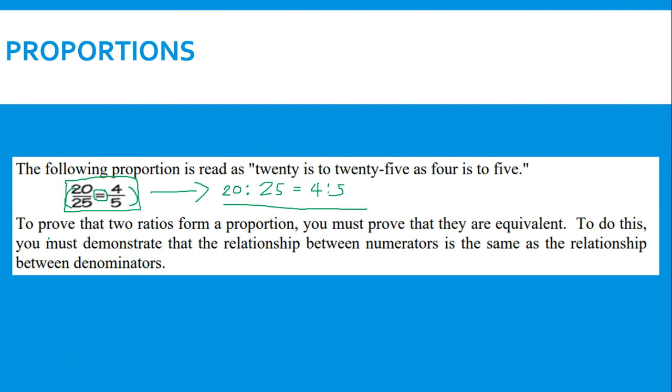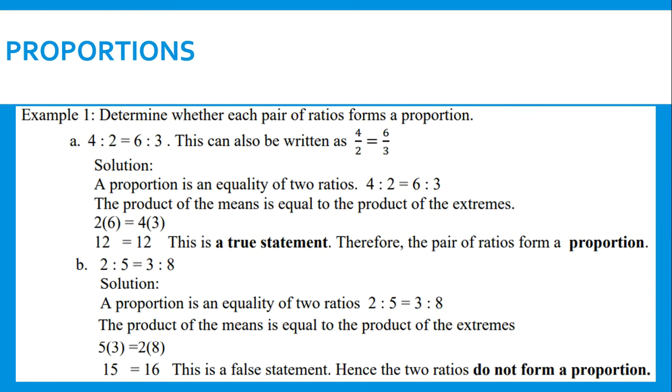Okay? So to prove that two ratios form a proportion, you must prove that they are equivalent or they are equal. To do this, you must demonstrate that the relationship between numerators is just the same as the relationship between denominators. Okay?